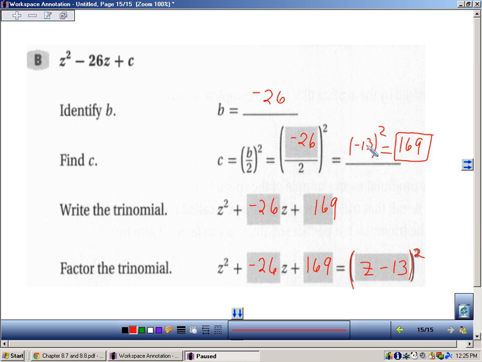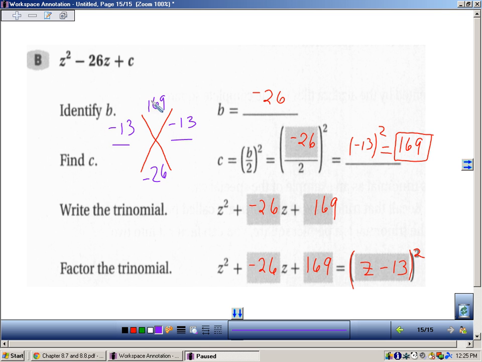I want to show you the factored form. So let's set up my diamond and change my font color. So we have 169, negative 26, and you'll see that negative 13 and negative 13, the sum of that is negative 26, but when you multiply you get positive 169.